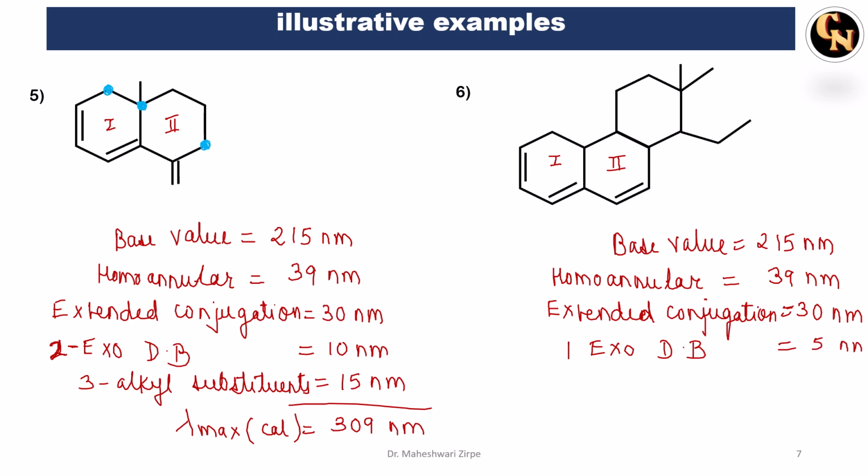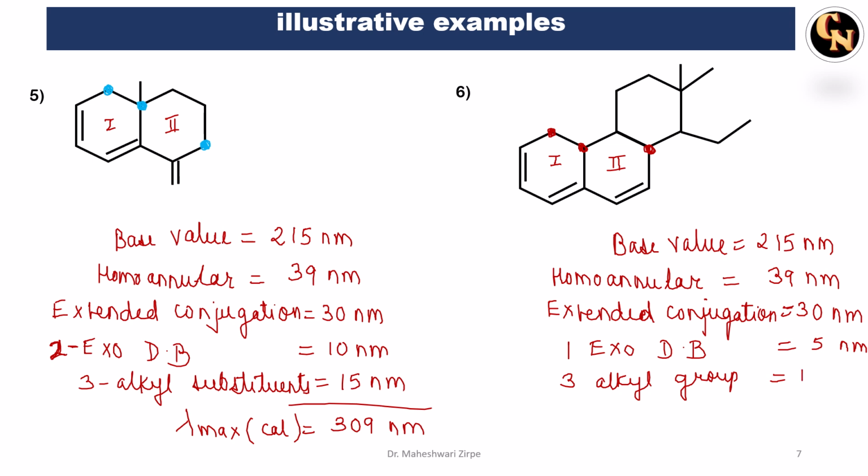Then let us find out the alkyl groups. 1, 2, 3. There are 3 alkyl groups. So just add 3 to it. If you add 3 to it, how much will it be? 3 alkyl groups on olefinic carbons.